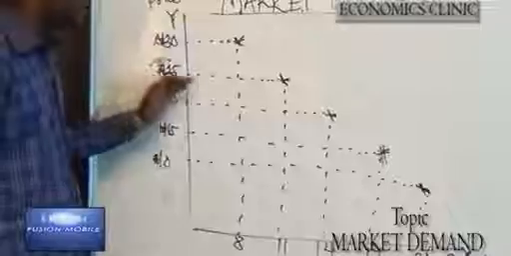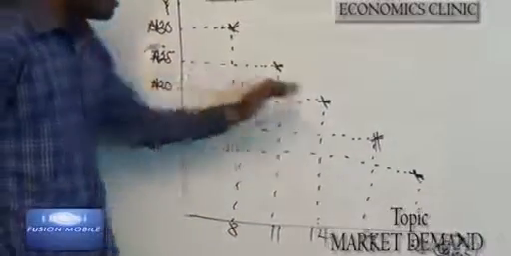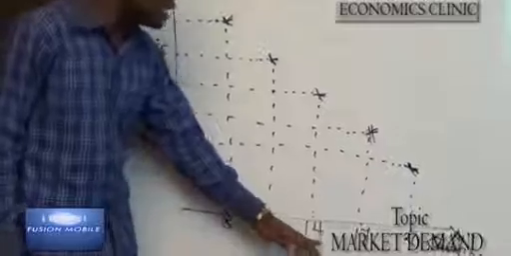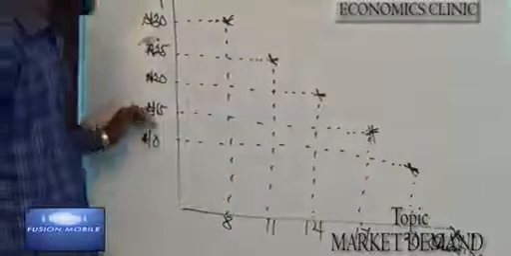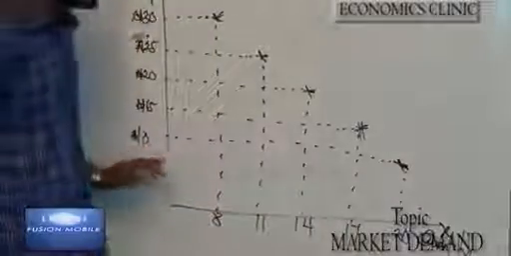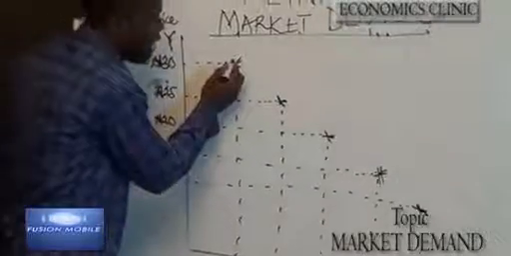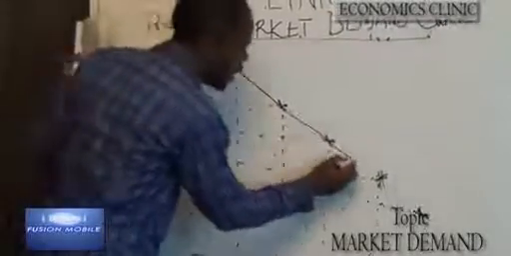At 25 naira, 11 quantity is demanded. At 20 naira, 14 units quantity is demanded. At 15 naira, 17 units is demanded. And at 10 naira, 20 units was demanded. Then we can join our lines to form a curve.